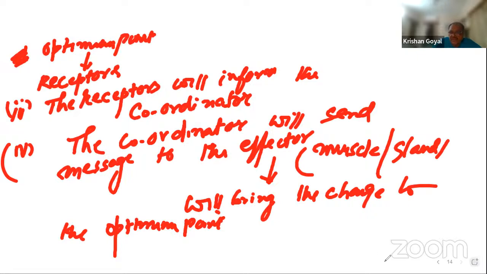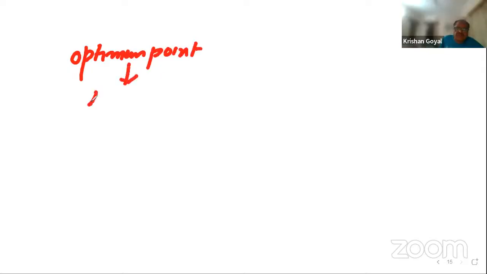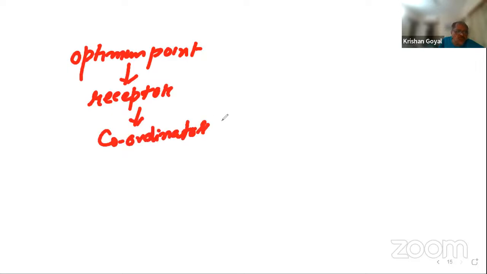Now, what we have done, first, we must know the optimum point of the system. It will give a signal to the receptor. A receptor will inform the coordinator. Coordinator will inform the effector.